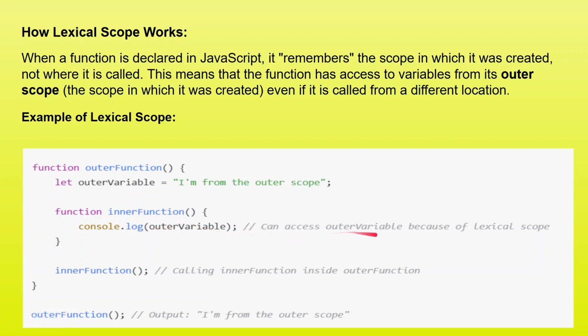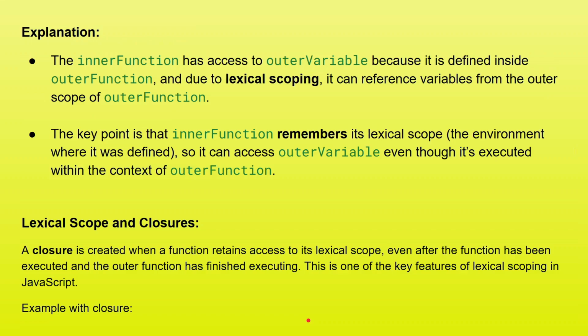It can access the outer variable because of lexical scope. And we are calling the inner function inside the outer function. Now when we call the outer function, the output is "I am from the outer scope". So this is how lexical scope works in JavaScript.